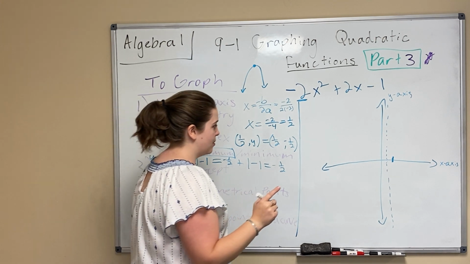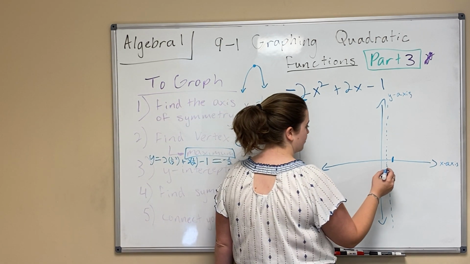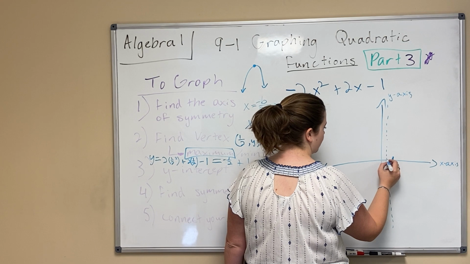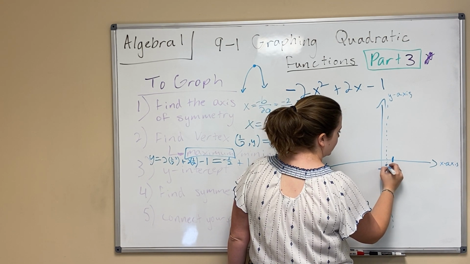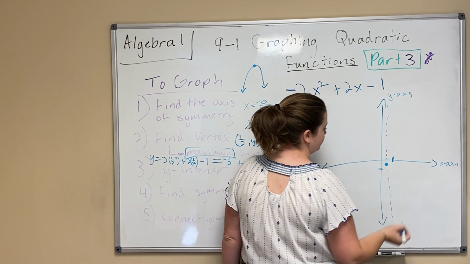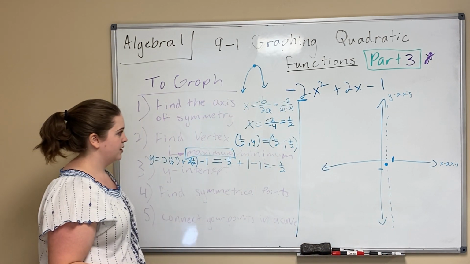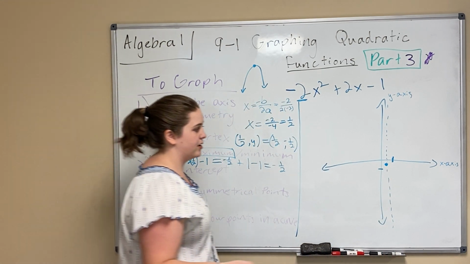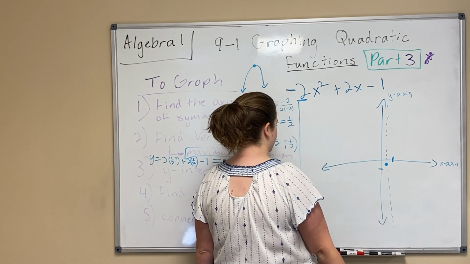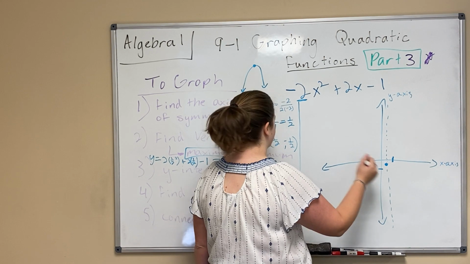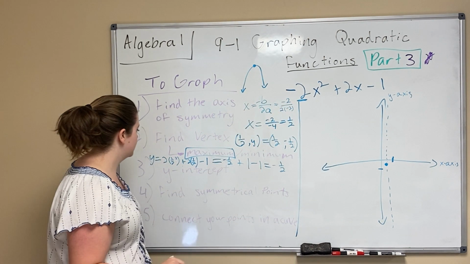So I'm going to plot that point, 1/2 and negative 1/2. There's my vertex, and I know that all of my other points should be coming down this way because my graph's going to look like this.